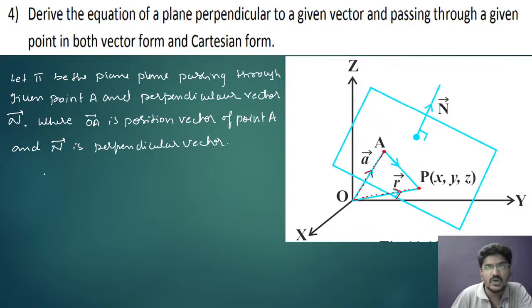Okay, so here you can see that vector n is perpendicular to the plane as well as vector AP.